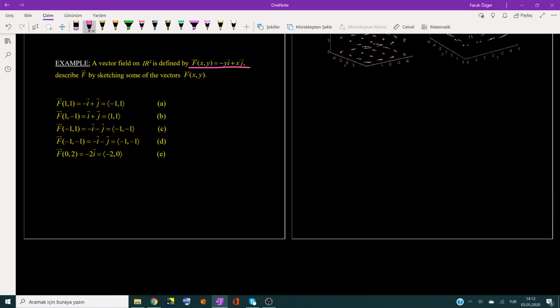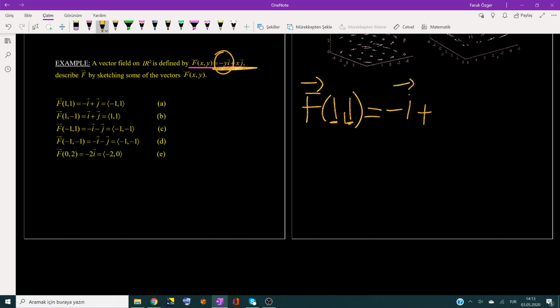For instance, for the point (1, 1), I will compute each of them. For the point (1, 1), how do I get it? We have minus y i plus x j, as you see. So we have 1 for y, 1 for x. For minus y, you have minus 1 i, that is minus i.